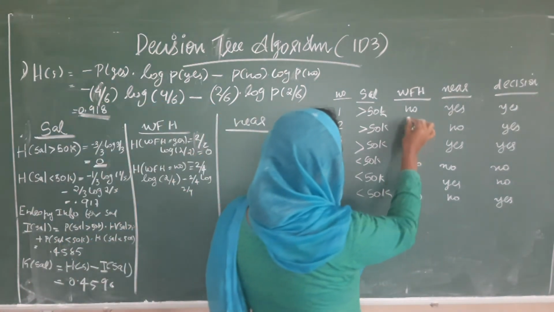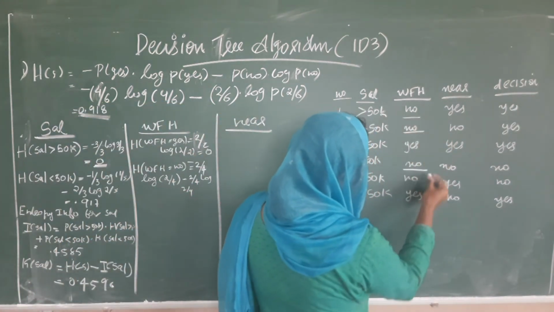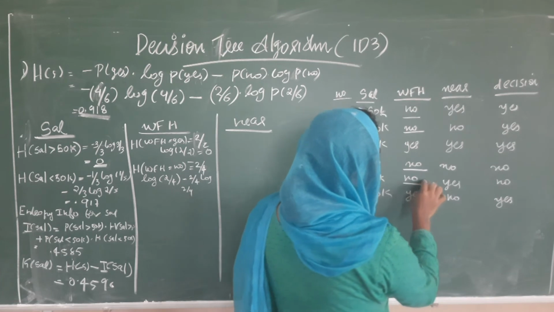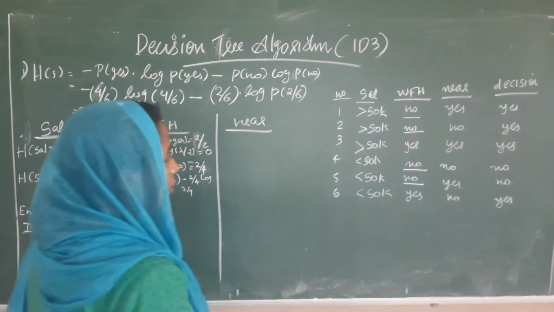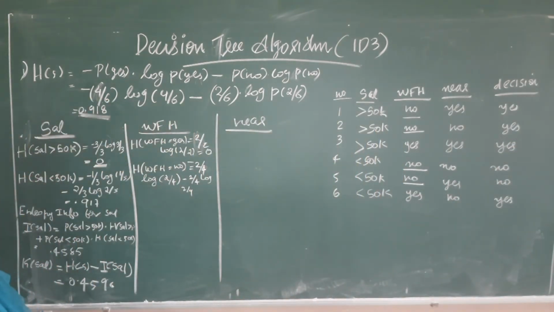These are the 4 conditions for work from home equal to no. In 2 cases it was yes, and in 2 cases it was no. So the entropy here is 1.